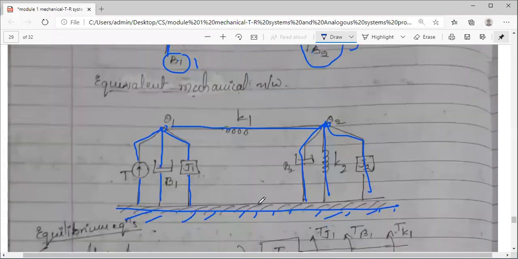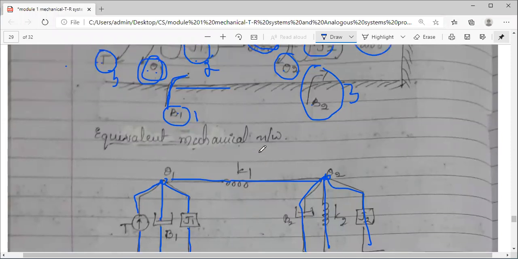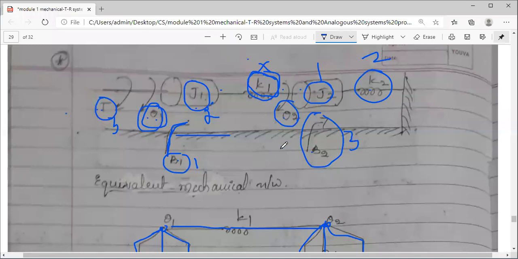Fine. Now coming to the steps followed to get the analogous electrical networks. Very first thing is we will go for equilibrium equations or torque equations, which you already know. In the previous sessions we have seen for simple circuits, for simple mechanical systems, we have gone for free body diagram, then force or torque equations, and finally getting the final answer.